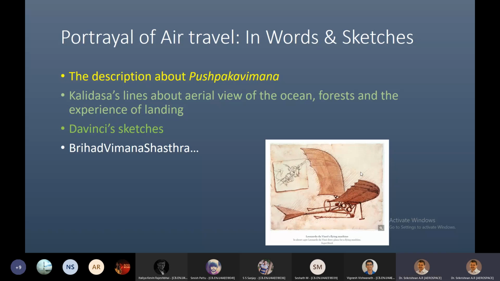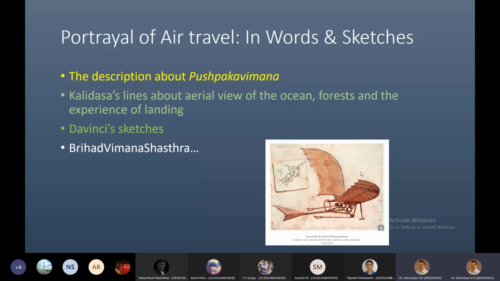As we know, there are several imaginative portrayals and stories, which are available in the form of text, stories, legends, sketches, etc., which all are reflective of the human interest in flying. That is probably inspired by birds. Humans wanted to fly and thought that it would be possible. For example, in Ramayana, there is a very detailed description of Pushpaka Vimana.